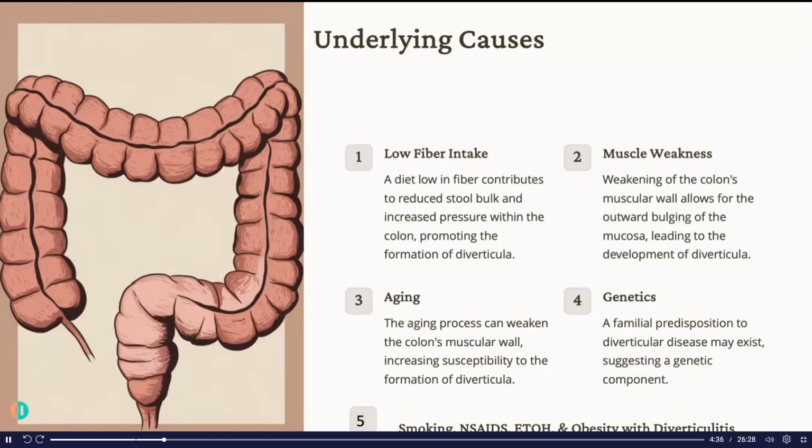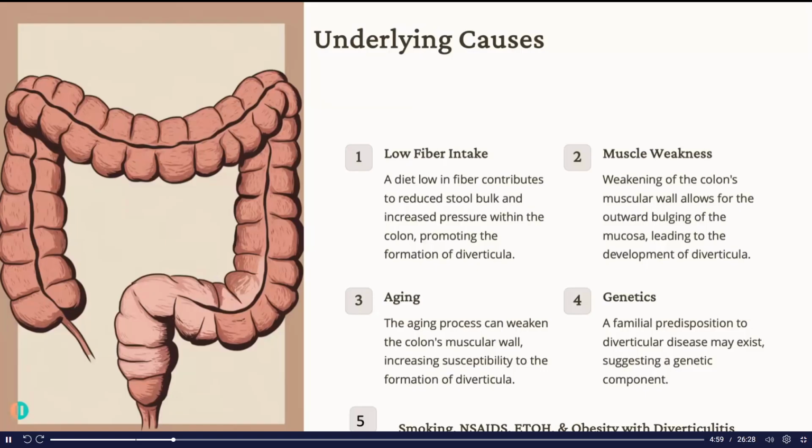Also, obesity is inflammatory, right? They actually say that belly fat is like its own organ now, and it releases cytokines, which are inflammatory. They theorize now that diverticulitis actually results from a low-grade chronic inflammation.